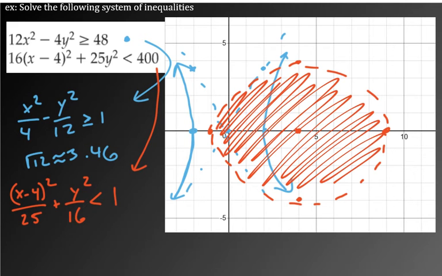And then for shading the hyperbola, sometimes it's easiest to just plug in a point and check for hyperbolas, because the negative, I think, is kind of confusing at times. Here it's just literally less than, when they're positive like that: less than is inside and greater than is outside. Same thing with circles. And parabolas are very straightforward.